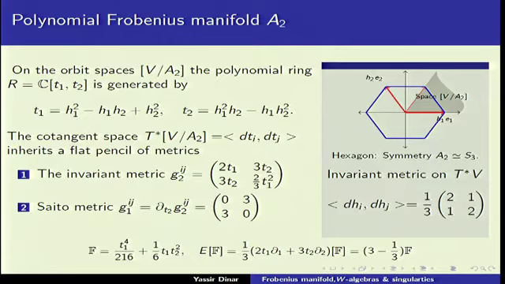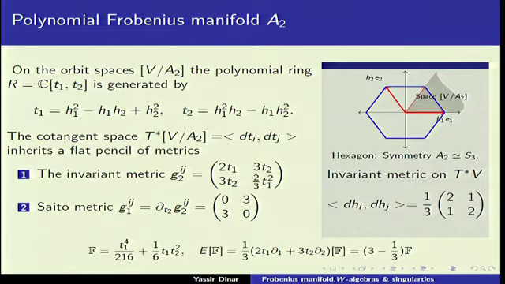This reflection group defines a metric on the Euclidean space, and you can lift this metric to the cotangent space. Then you use invariant theory. From invariant theory, you know that the invariant polynomial ring is generated by two homogeneous polynomials.